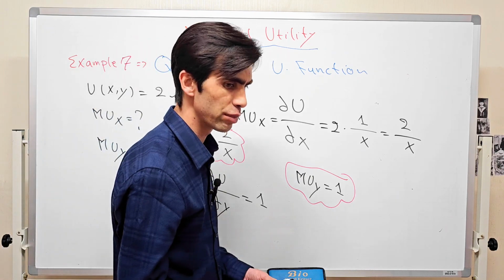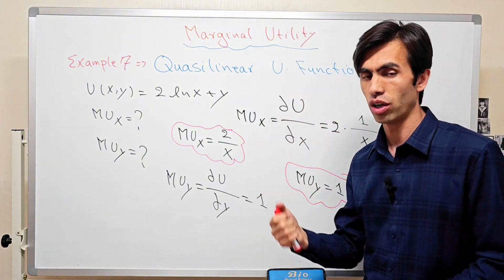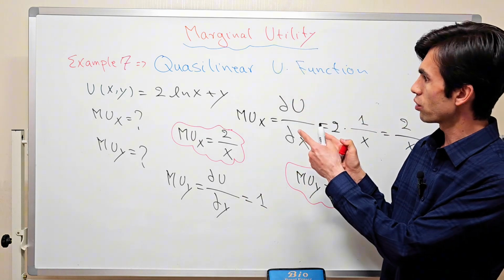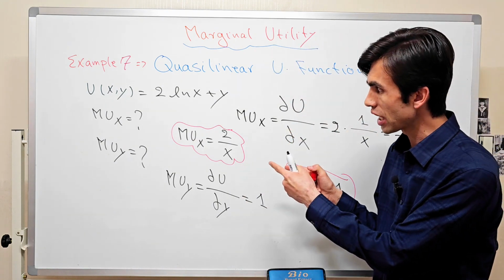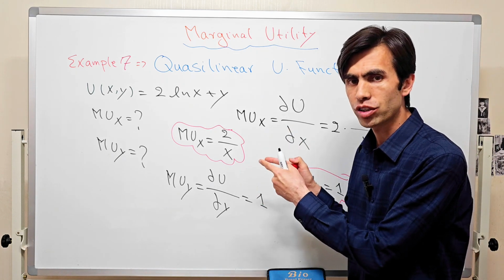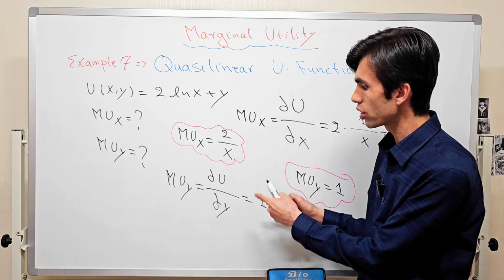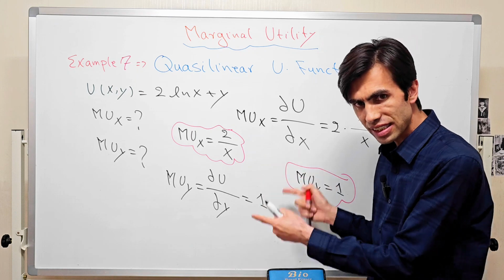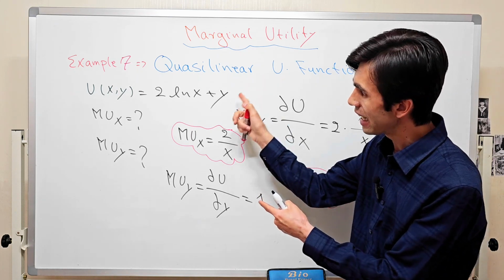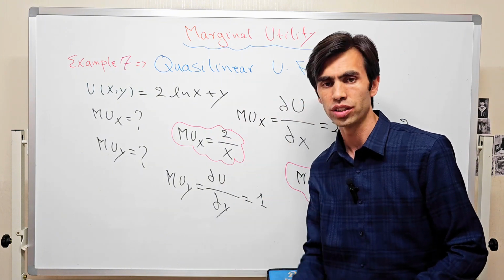So this is the difference between the quasi-linear utility function and other types of utility function: in the quasi-linear case, the marginal utility of the nonlinear good depends on how much of that good we already have in our consumption bundle, but the marginal utility of the linear good is a fixed number equal to the coefficient of that linear good in our utility function.